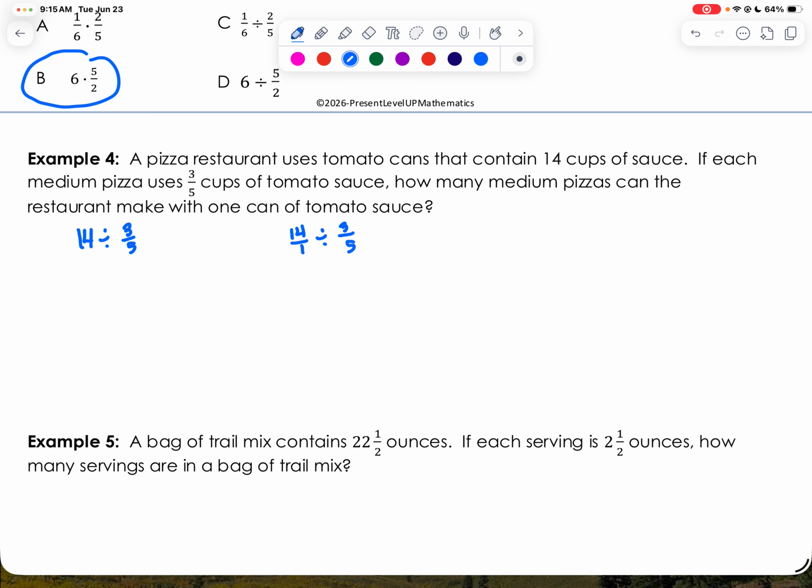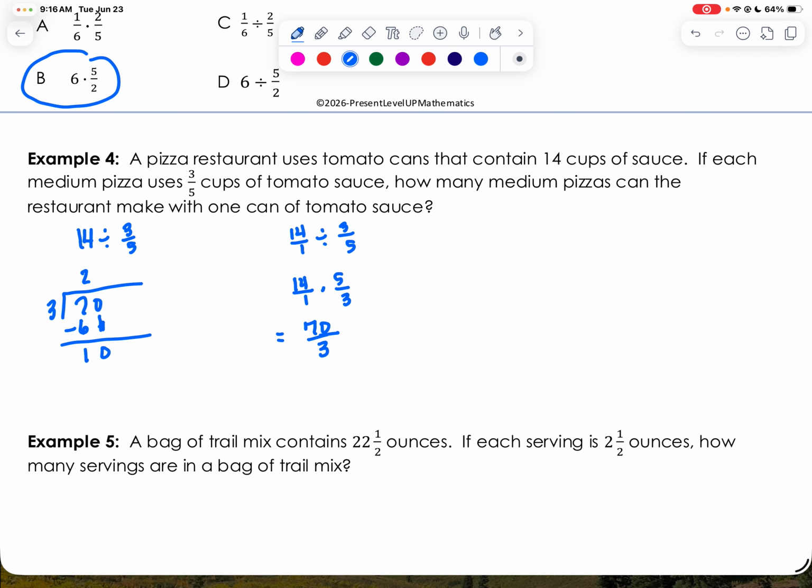Now, if I rewrite that as multiplication by the reciprocal, I would have 14/1 times 5/3. And then when I multiply as normal, 14 times 5 gives me 70. 1 times 3 is 3. Now, 70/3, we want to know how many pizzas that is. So I'm going to use a little long division here. 3 goes into 7 2 times. 2 times 3 is 6. 7 minus 6 is 1.